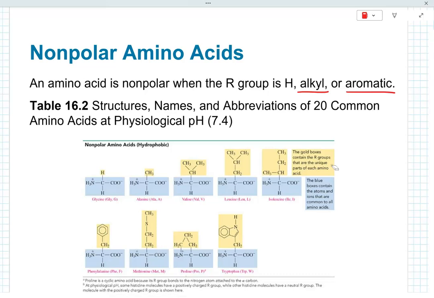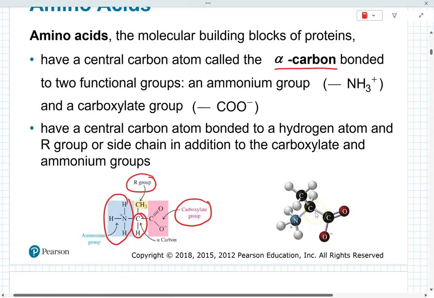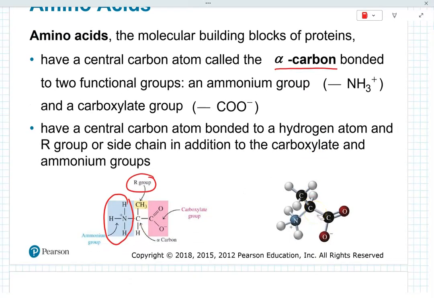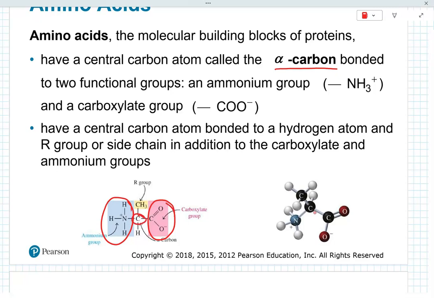Yeah, because in the first example, the R group was methyl. So how do you identify it? Here it is. You should look at the amino group, ammonium group, and the carboxylate group that are linked by a carbon.